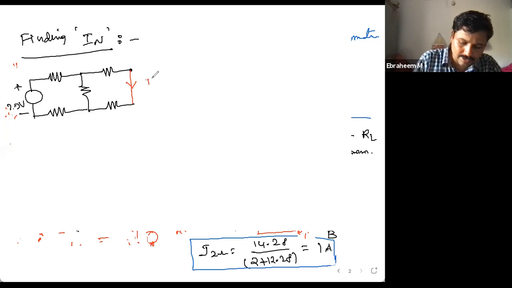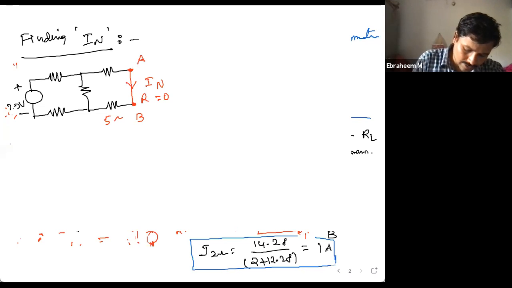After short circuiting this, how much current will flow here? That is Norton's current. The resistors are as usual.